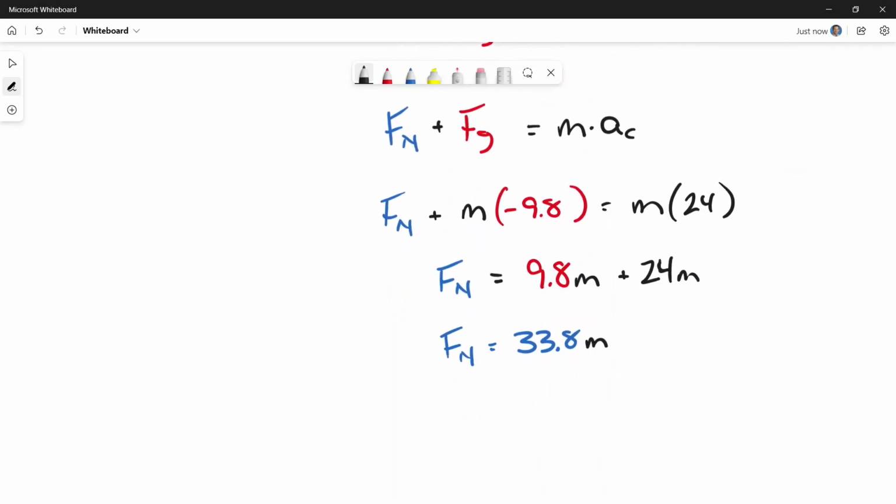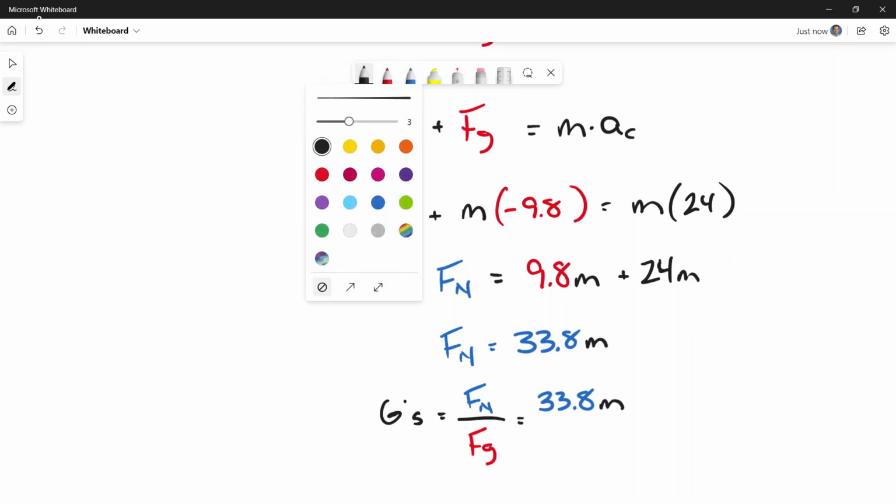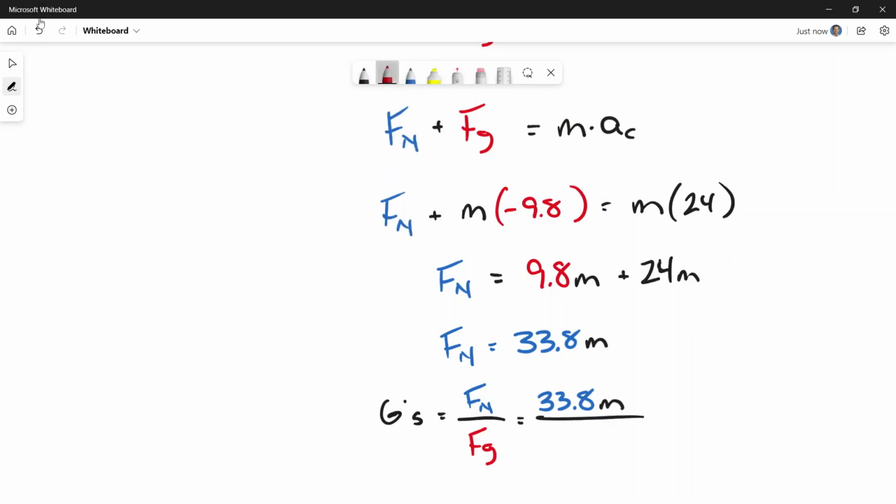And when we want to find G's, remember G's was simply the ratio of the force applied to the object by the surface, which we'll call the normal force, and gravity. And let's substitute what we have. Rather than an actual value for Fn, we have 33.8 times the mass, and we would be dividing that by Fg, which is 9.8 times the mass.